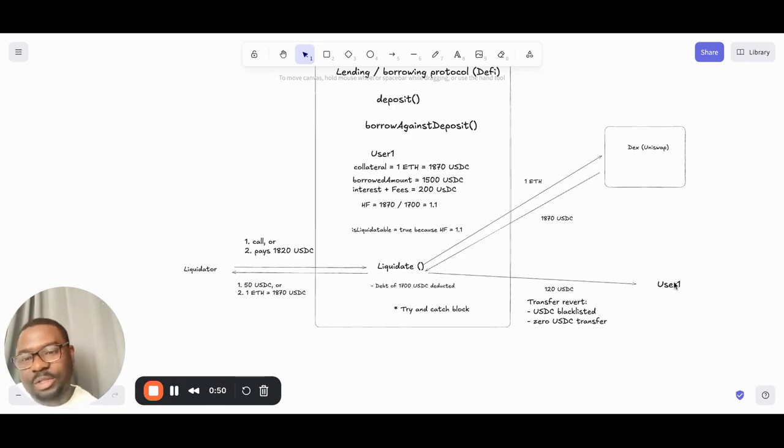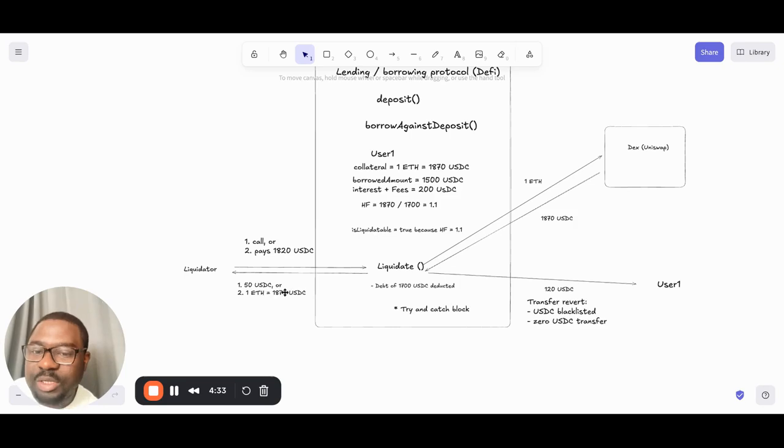So you do that. Another way you can implement this liquidate function is that the liquidator pays 1,820 USDC straight for this loan. Once it does the payment, the protocol gives him one Ethereum, which is worth 1,870 USDC.